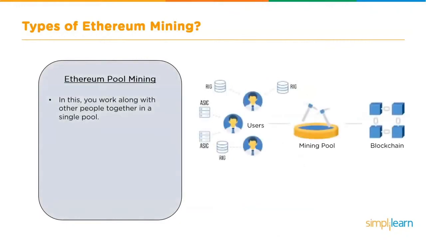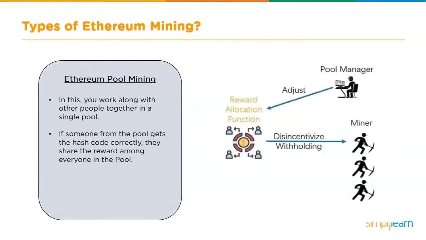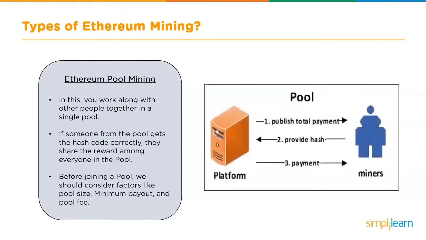Ethereum pool mining is the easiest and fastest way to get started with Ethereum mining. In this, you work along with other people together in a single pool, and if someone from the pool gets the hash code correctly, they share the reward among everyone in the pool. We should consider a few important factors before joining a pool, like pool size, minimum payout, and pool fee.